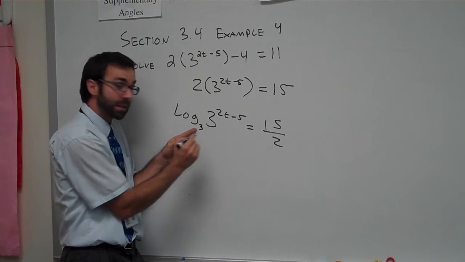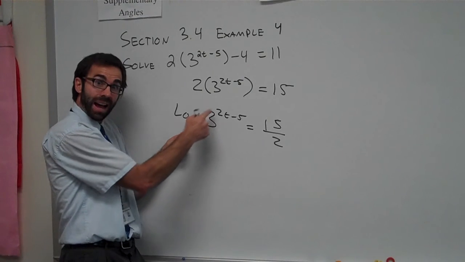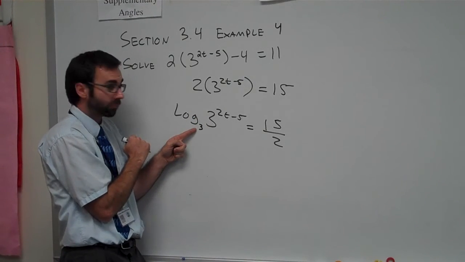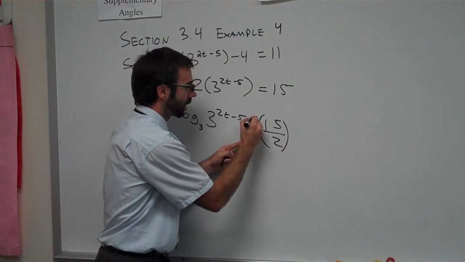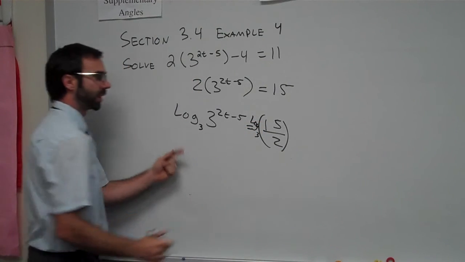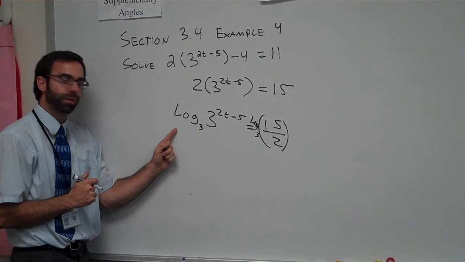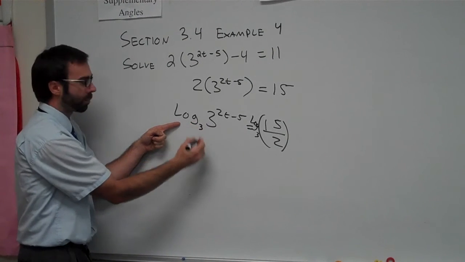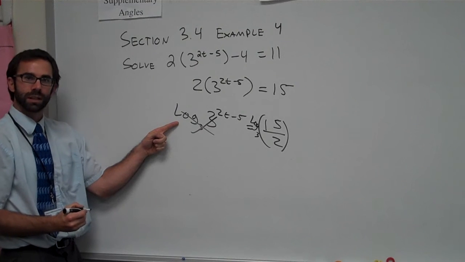The reason I'm saying base 3 is because these are going to cancel out. So I'm going to take the log of this side as well with base 3. I should have written it down here, but that's what we're doing now. We take the log base 3 of both sides because we know, by one of our properties, those are gone.